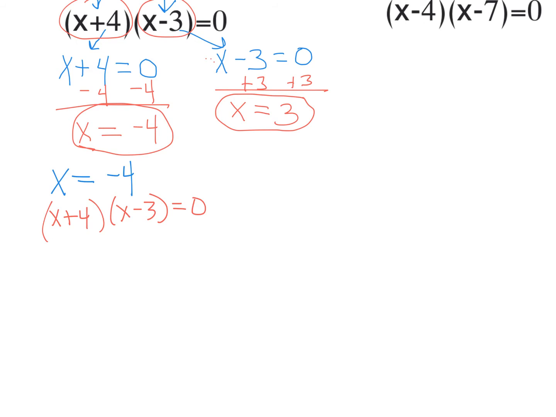And again, I'm going to fill negative 4 in for x. So negative 4 plus 4 and negative 4 minus 3 is supposed to equal 0.